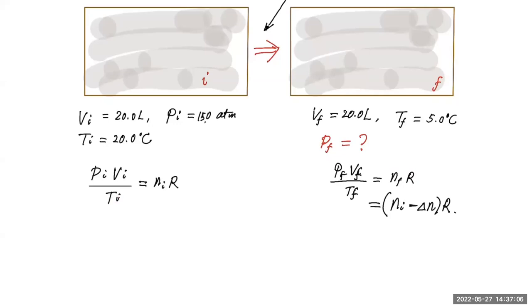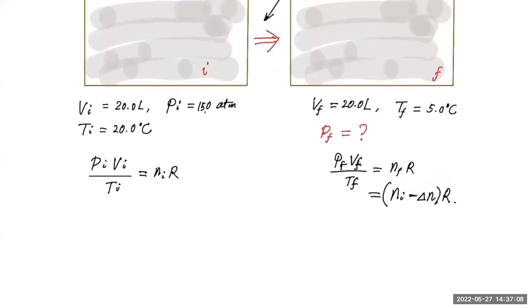So N initial equals P initial V initial over R T initial. I know everything. So numerically, we can find what that is.